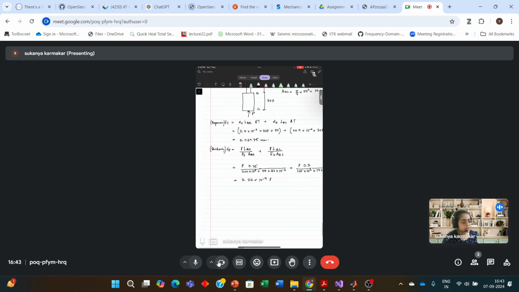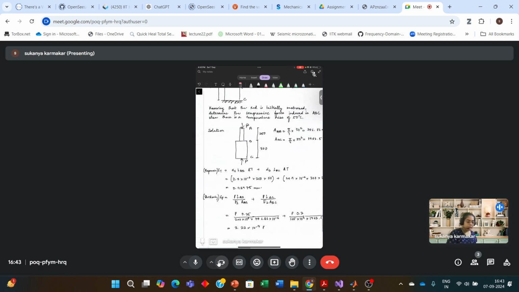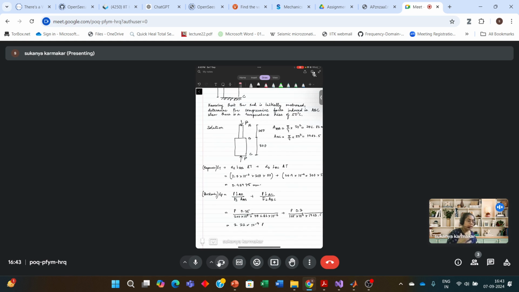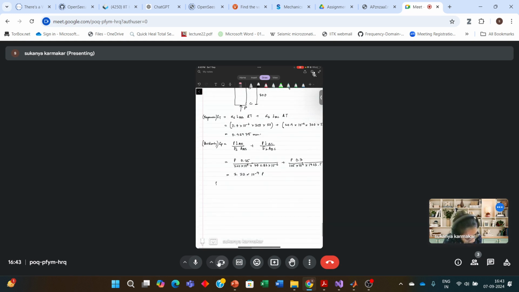Now, here is the catch. Since this system is fixed from both the sides, it can't move. So the elongation due to the temperature, the expansion, should be equal to the shortening due to the load. So delta T is equal to delta P. So 3.22 into 10 to the power minus 9 P is equal to 0.45975 mm.